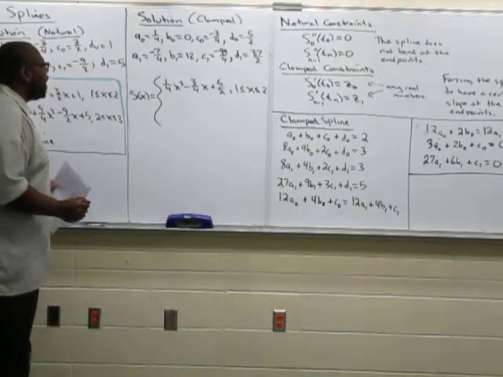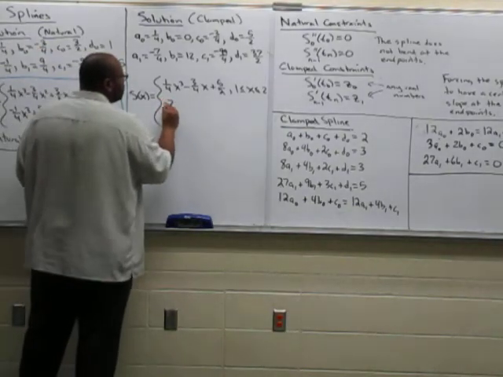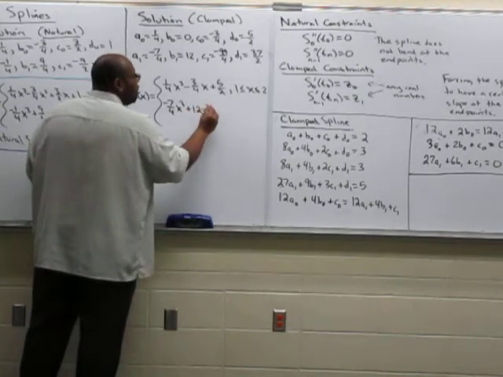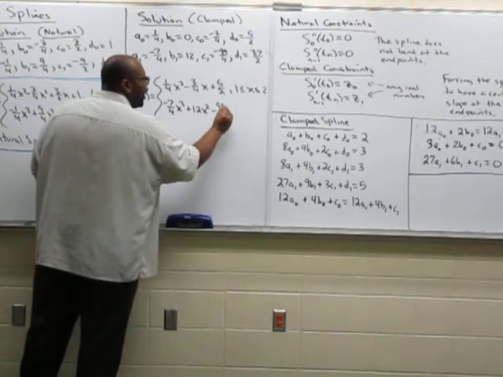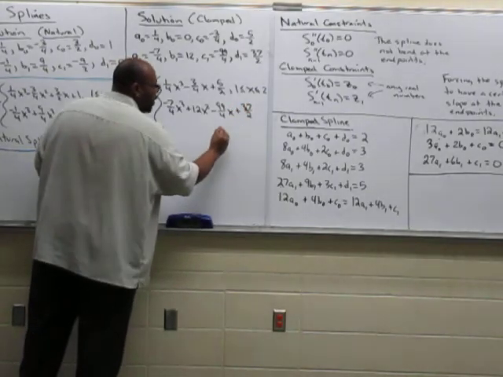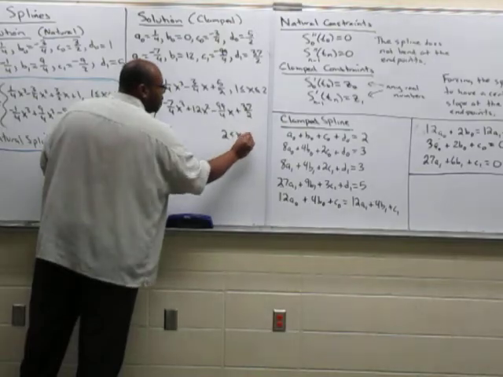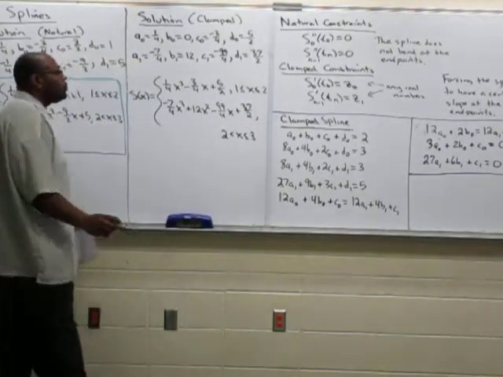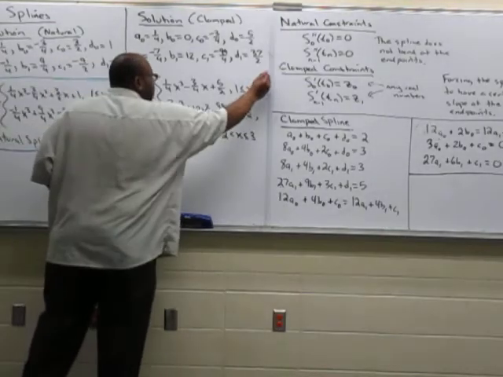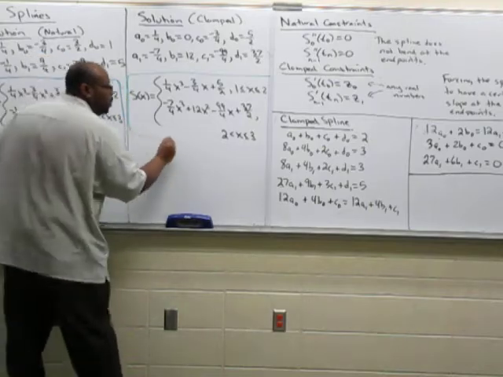And the other one, I have -7/4 x cubed plus 12x squared minus 99/4 x plus 37/2. I don't have enough space, so x goes from 2 to 3, I just put down here. And I'm going to box this guy and color code it. Here I had blue for the natural spline, and I'm going to use green for the clamp spline. And here's my answer.